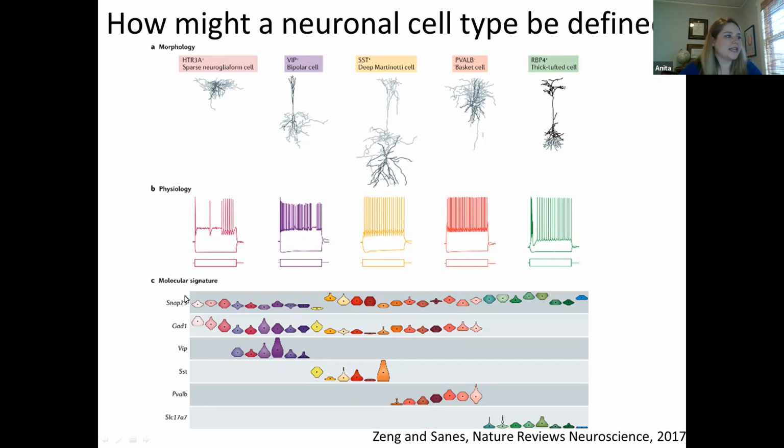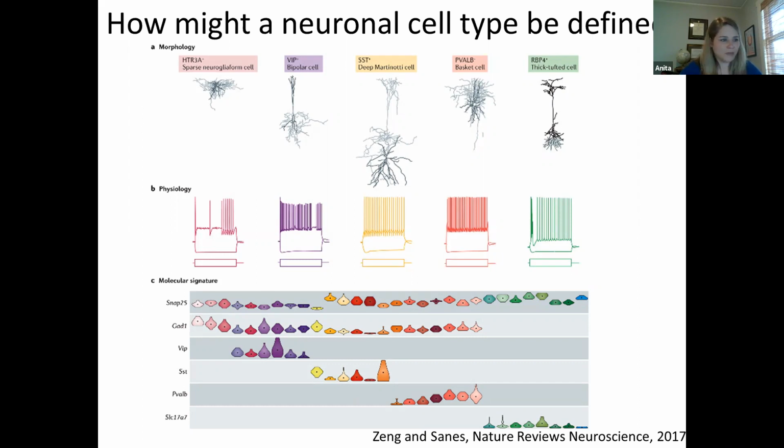And then another way that people are able to combine morphological and physiological components is by looking at molecular signatures. There are certain genes that are expressed in certain cell types. And these can lead to confusing definitions, because there are subtypes of neurons of a morphological class, but within those morphologically similar neurons, they're molecularly distinct.